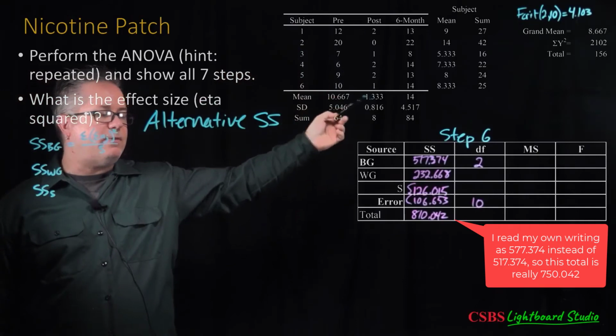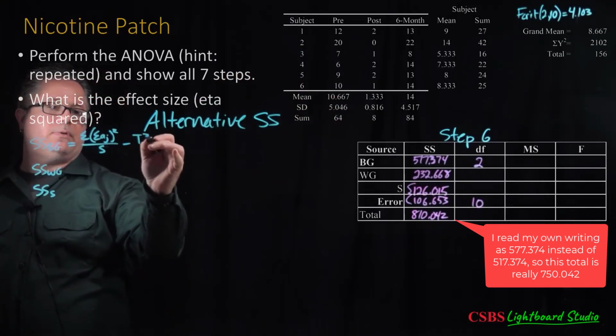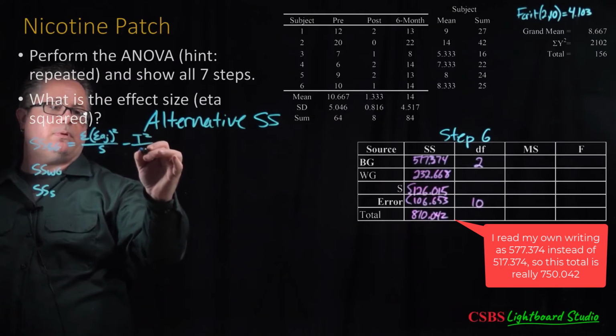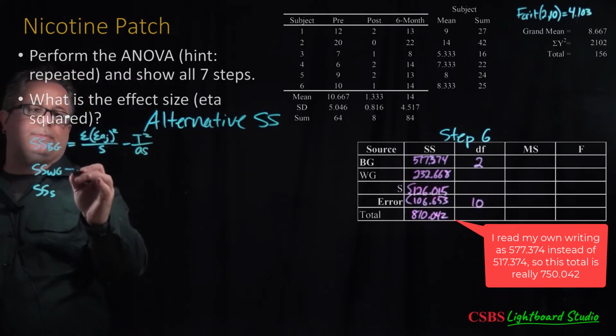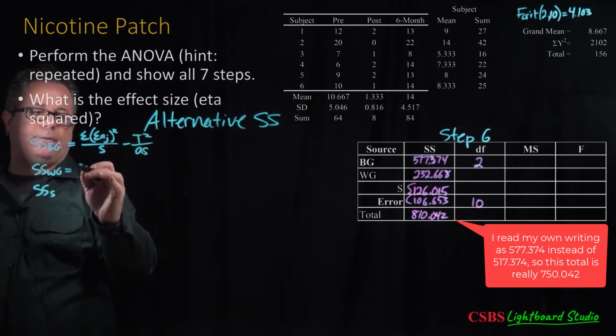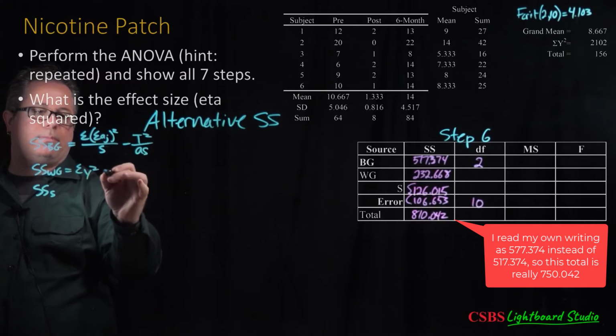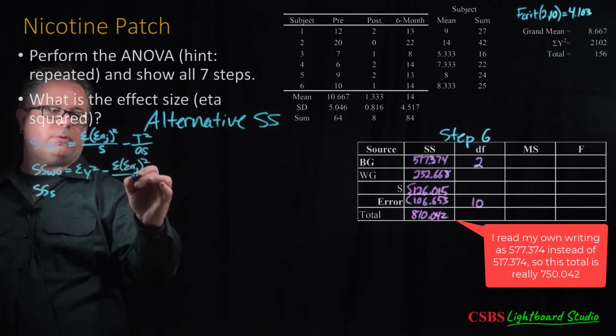It's not a different set of n, minus the T squared over a times S. Within groups, it's going to be the sum of Y squared minus that sum of A_j squared over S.